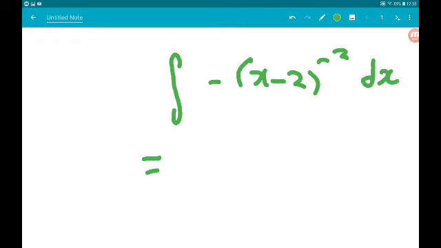So it's quite nice because we just have a single x inside the bracket. The power on the bracket is going to go up to minus 1. So we're going to get (x minus 2) to the minus 1 divided by the new power, so divided by minus 1. So that's going to give us positive that. So that is the integral.